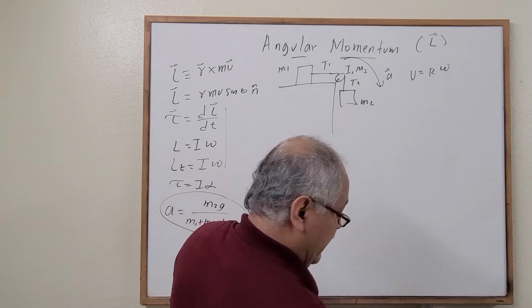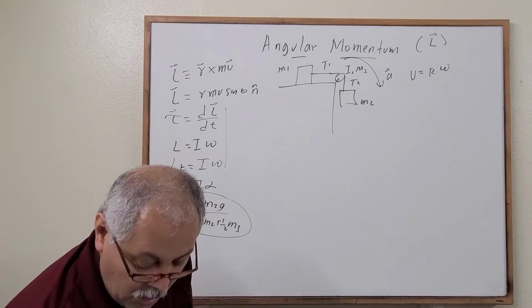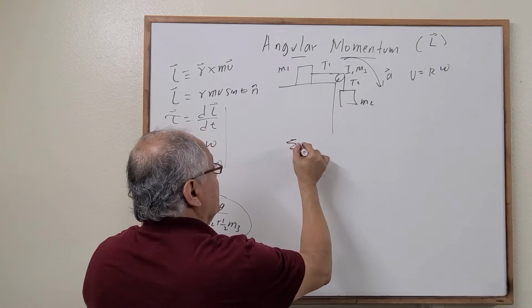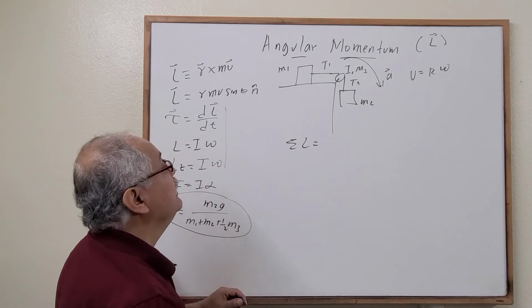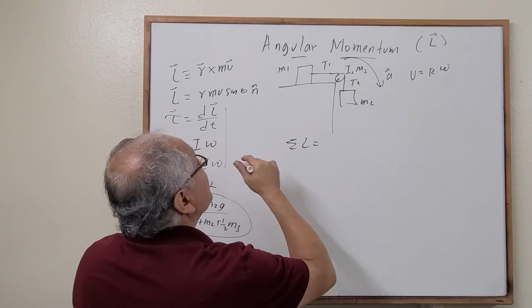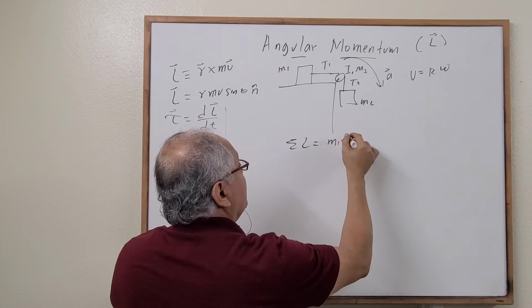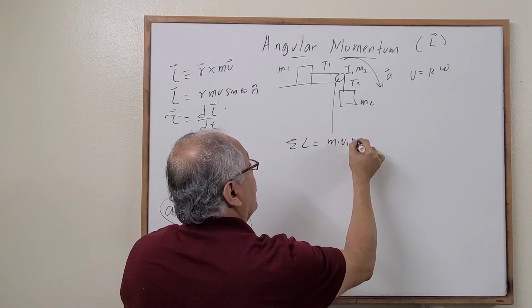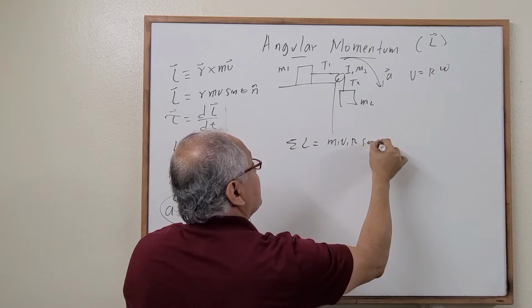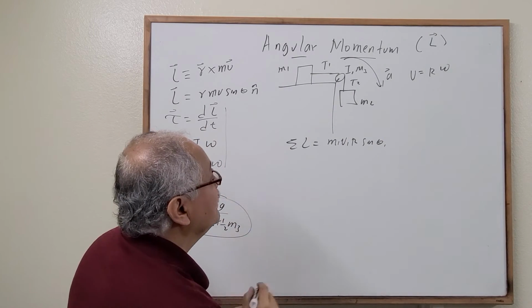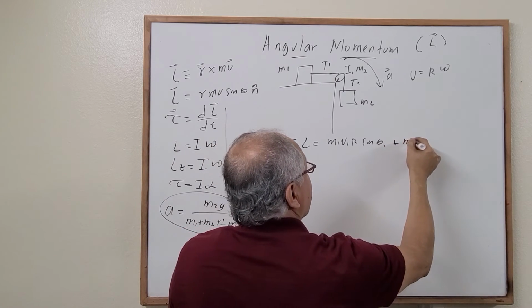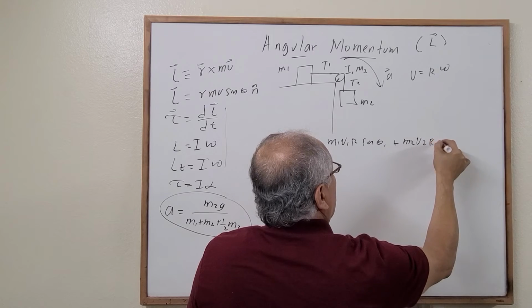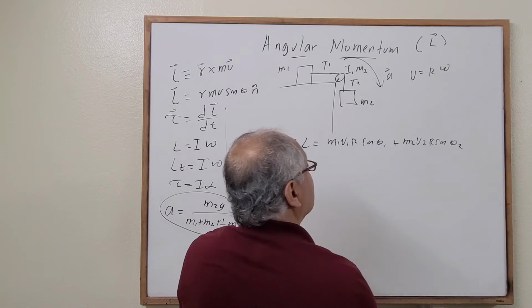The angular momentum for this system is equal to m1 v1 r sine theta 1 plus m2 v2 r sine theta 2.